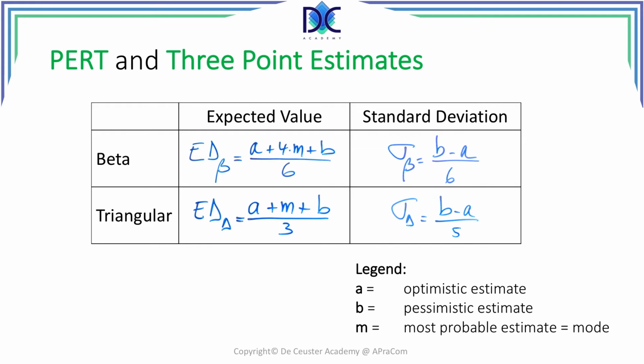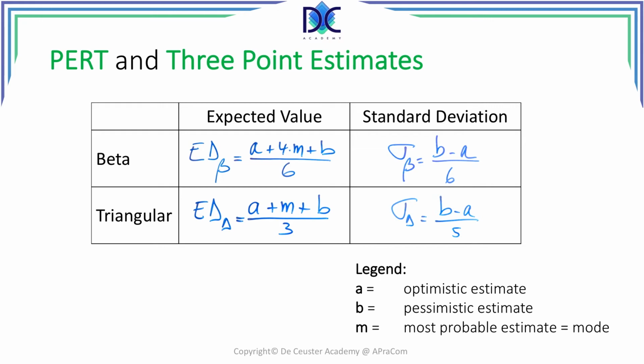A, in this case, we call the optimistic estimate. B is the pessimistic estimate. What if everything goes wrong? The tram is late, there is a lot of traffic, all the things happen badly. So, what do you estimate the worst or the most pessimistic duration can be?